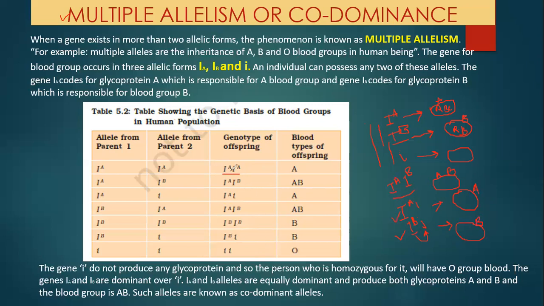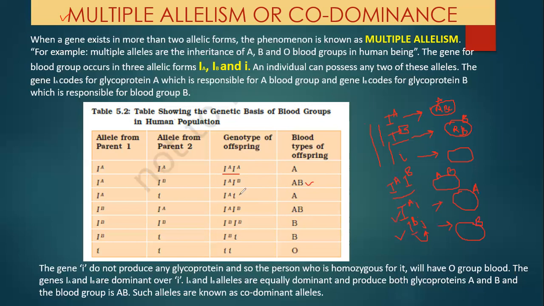If you have both IA and IA, A will be expressed. The blood group will be A. If the alleles present are IA and IB, then since both are equally dominant, the blood group will be AB.